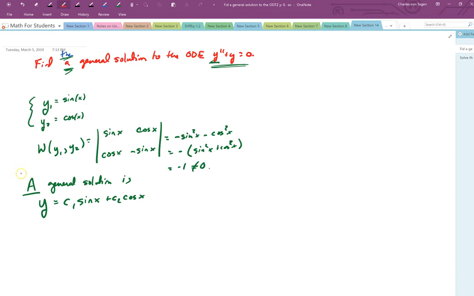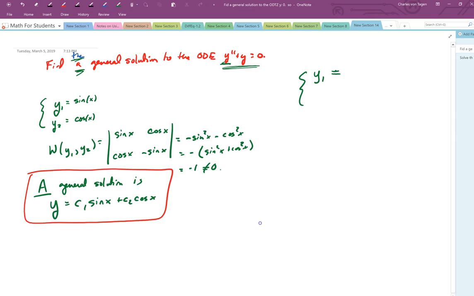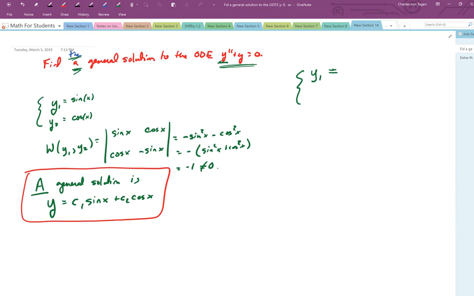So there's a general solution to this ODE. The reason why I like to use the word "a general solution" as opposed to "the general solution" is because these two functions also form a fundamental set, and so a general solution to this ODE.